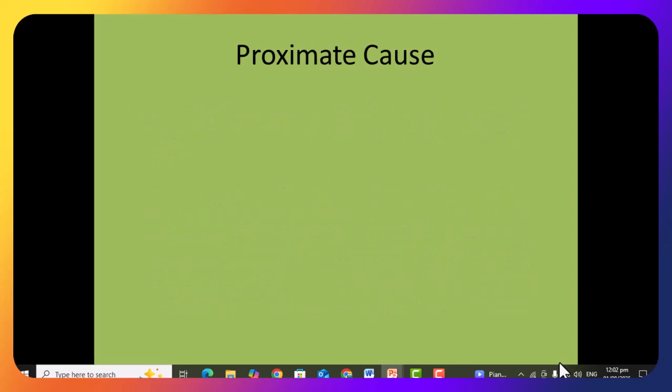Now comes the proximate cause. Proximate cause is the basic cause which is responsible for the loss. So, in insurance contracts, normally the cause which is covered is mentioned. For example, in general insurance, the coverages are named peril coverages.